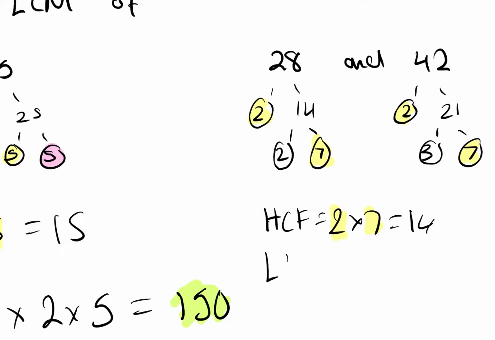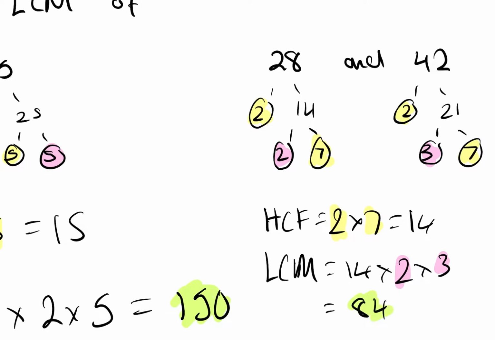Lowest common multiple, well, it's the highest common factor, 14, multiplied by what's left, 2 and 3. That's going to be 14 times 2 is 28, times that by 3, 84. There we are, lowest common multiple, 84.